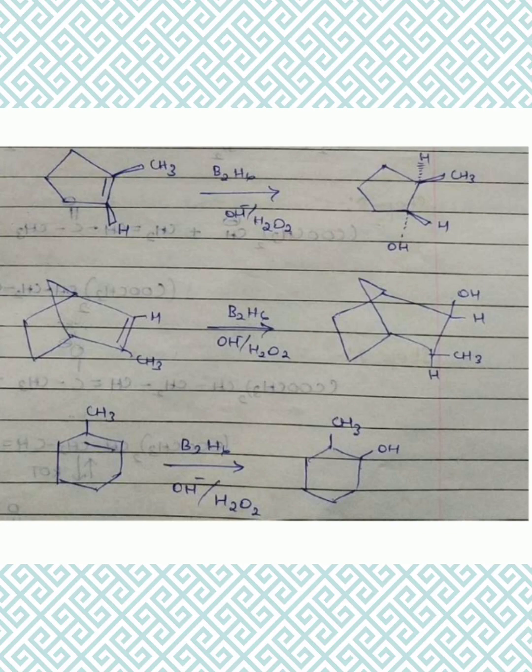So in all three reactions, number one, number two, number three, you get the same type of reaction. Addition of water takes place, and the alcohol is the anti-Markovnikov alcohol. Whereas the same alkene treated with an acid catalyst gives the Markovnikov alcohol.